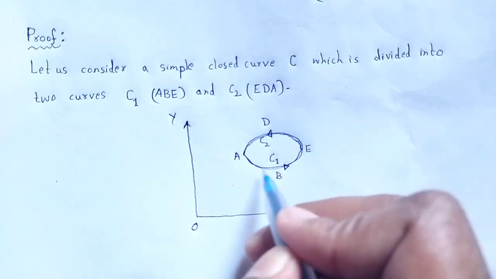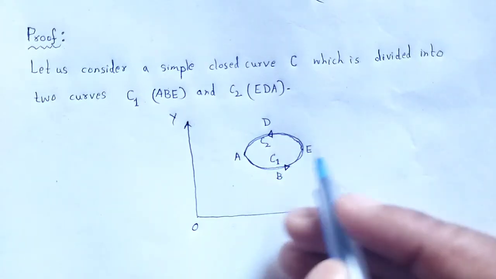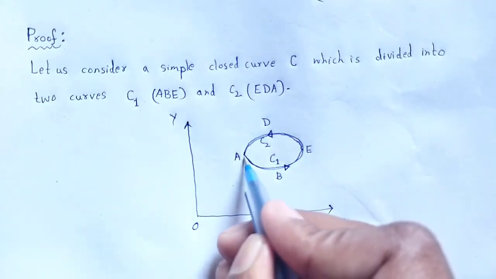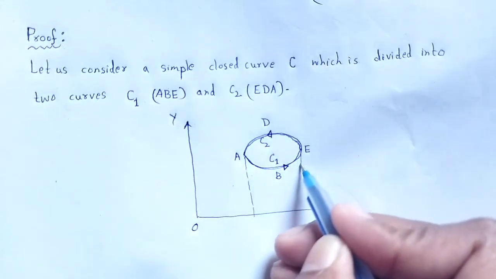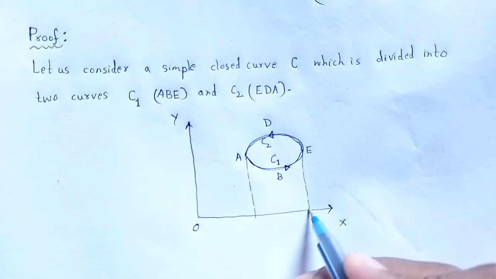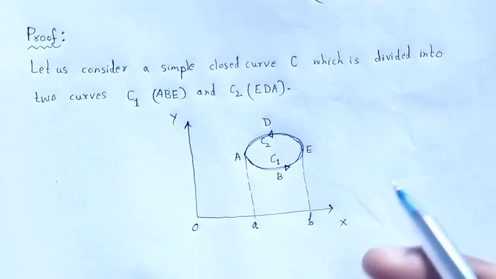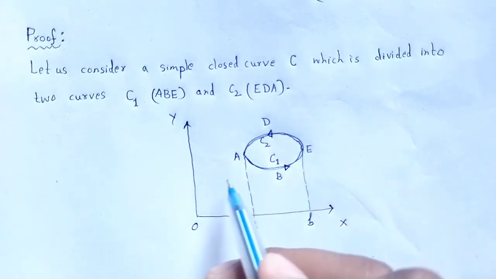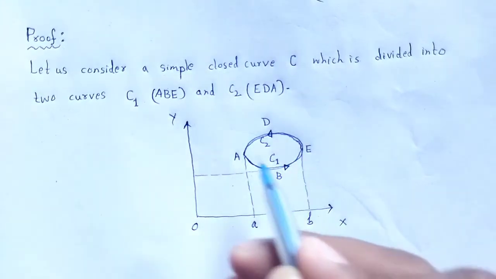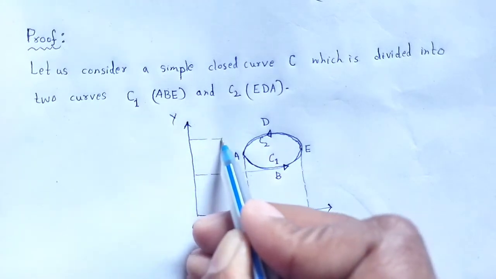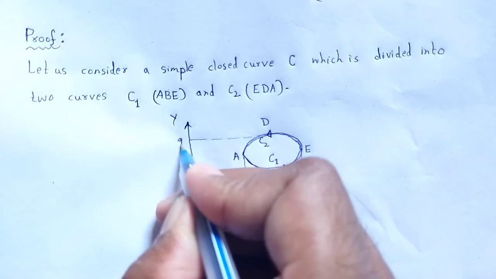The entire curve is C, and the limits of these points, let me draw. On the x axis they are A and B, and on the y axis they will be E and G.